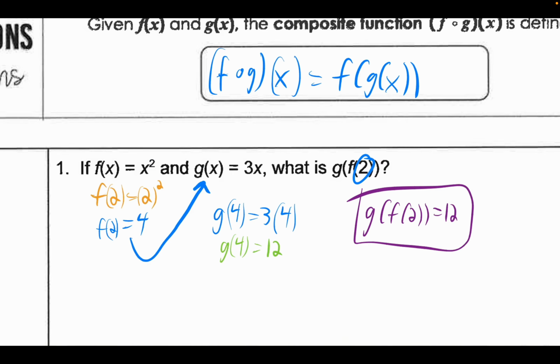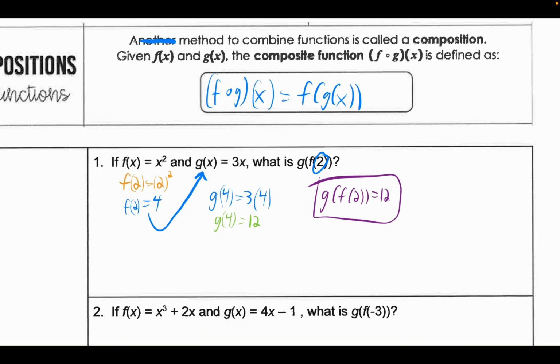And that would be our answer. You could also have it written as g composed of f of 2 equals 12. That is also equally correct to write it how it was up here, with what is getting plugged in second, and what is getting plugged into first as far as the functions go.